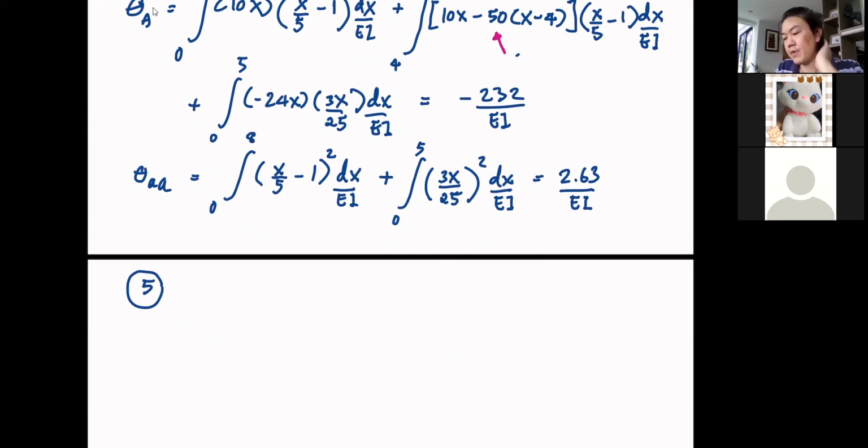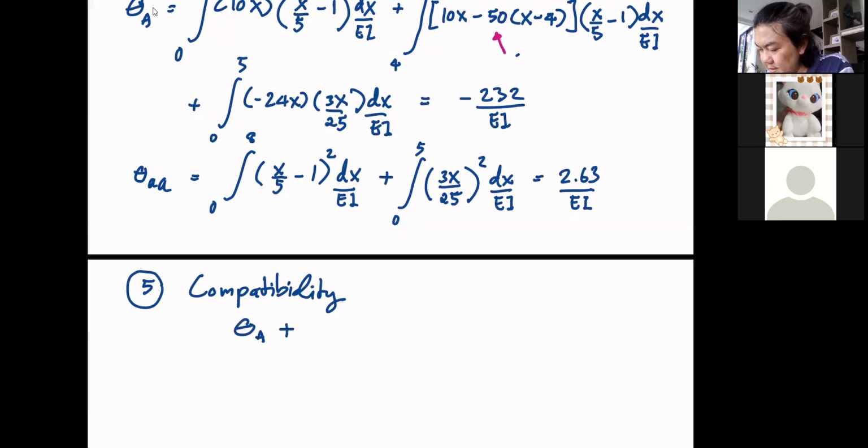Now the fifth one is compatibility. We have delta A plus delta AA multiplied by MA equal to 0.